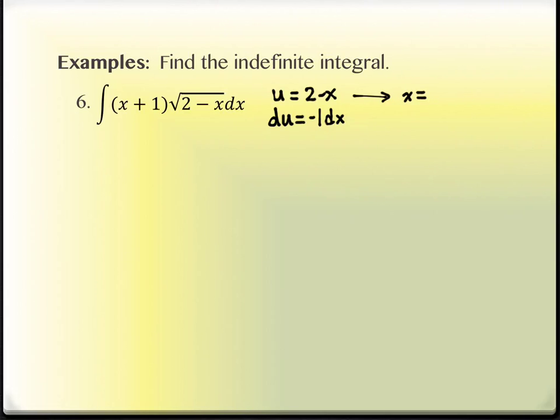It's equal to 2 minus u. In other words, if I added the x to the other side and subtracted the u to the other side, I could solve that equation for x. Is everybody okay with that?